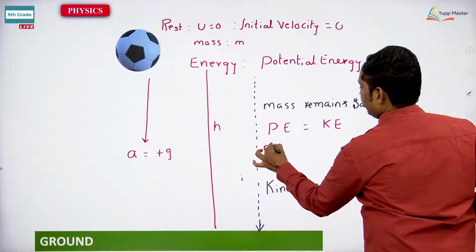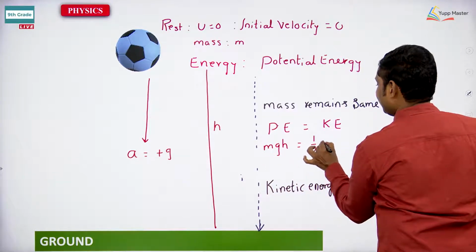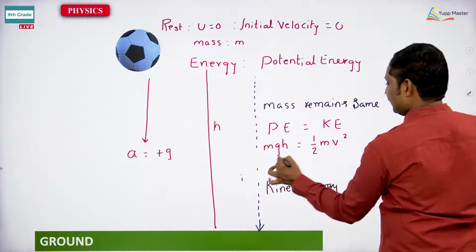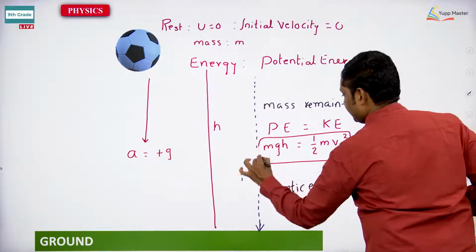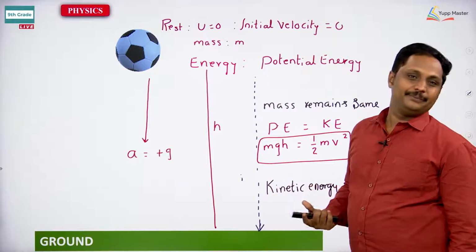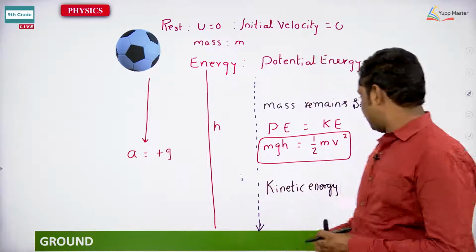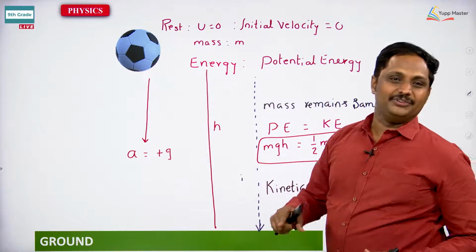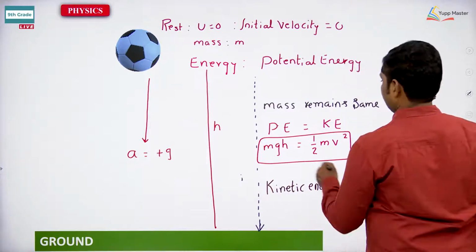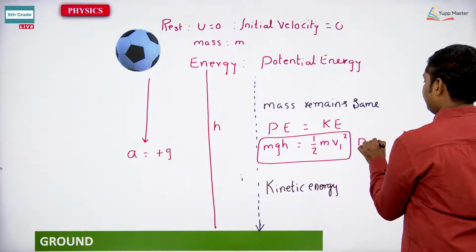So, we can take mgh = 1/2 mv squared. Very clear, we can write down this expression. We can use this expression for the problem solution, that is, you need to find out the loss in velocity. This is the first case, let us assume, dropping.